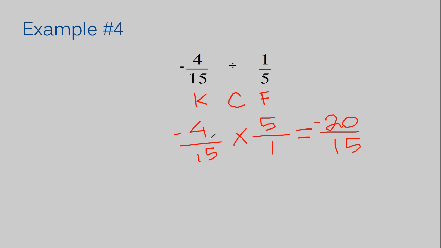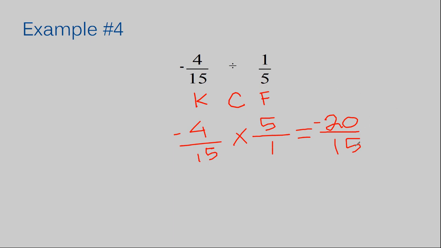The rules say that 2 of your terms in your problem are going to be negative and 1 is going to be positive. So if this one's negative and this one's positive, this one must be negative. And down here, these are just all going to be positive, but this negative sign is going to mean that this entire answer is negative.